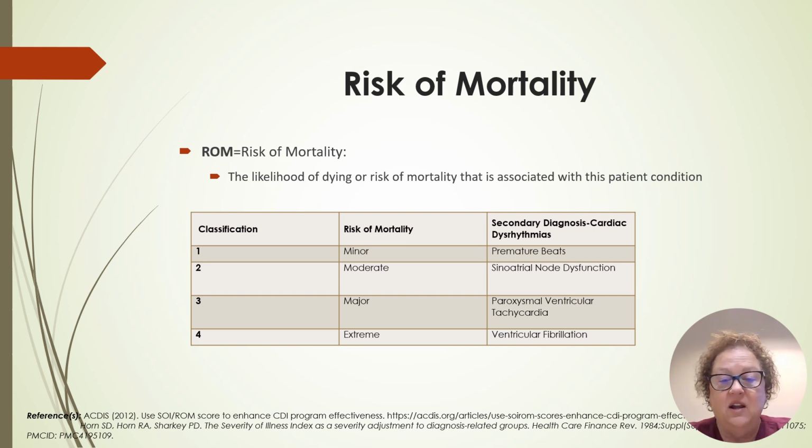Classification 3, major risk of mortality, would be paroxysmal ventricular tachycardia. Classification 4, which is extreme, ventricular fibrillation. Okay, so you can see how the classifications truly reflect the disease process and the risk of mortality.